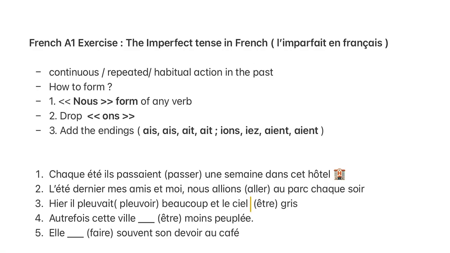So our answer here will be É, T, and we add the endings A, I, T. Hier, il pleuvait beaucoup et le ciel était gris. Yesterday, it was raining heavily and the sky was grey.